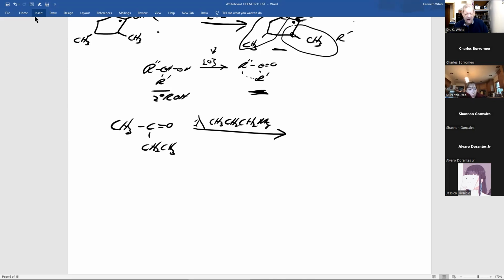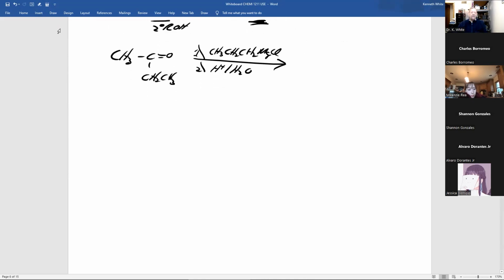And this is a reaction I'll never give a synthesis problem on. Since you might not have studied this in a while, I'll write the general reaction underneath.